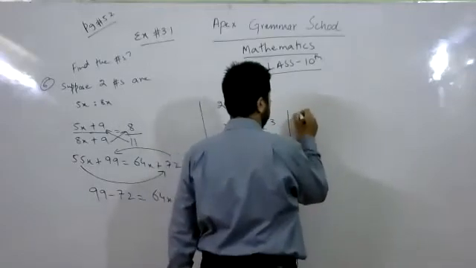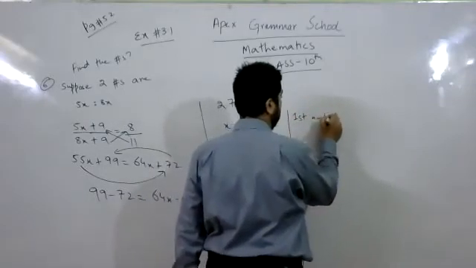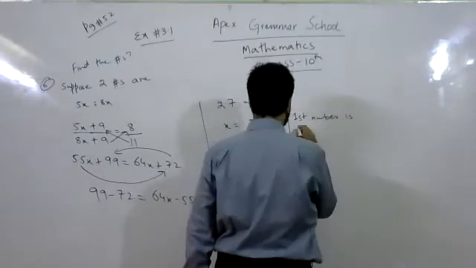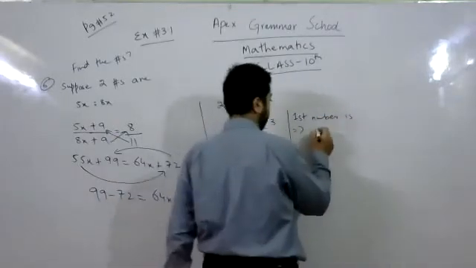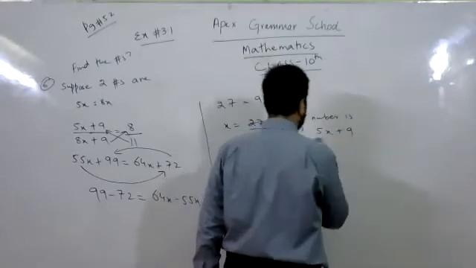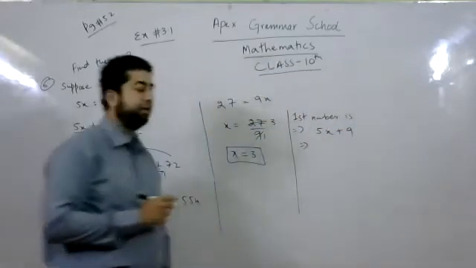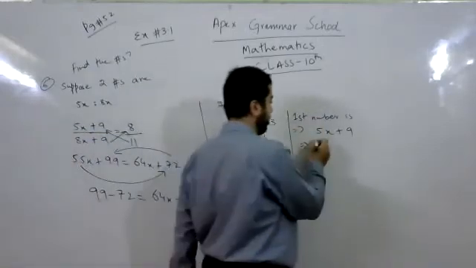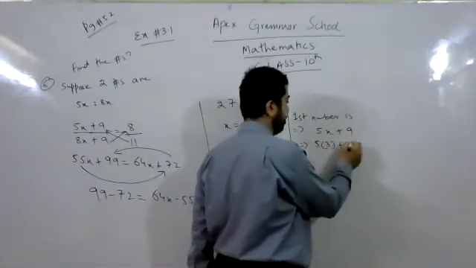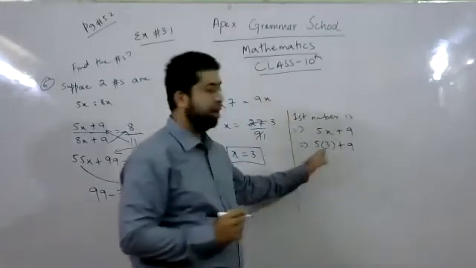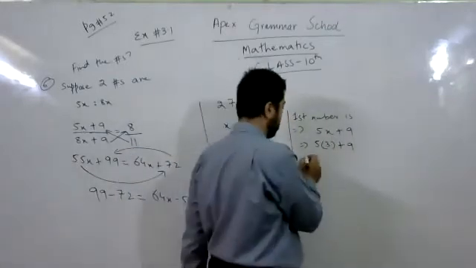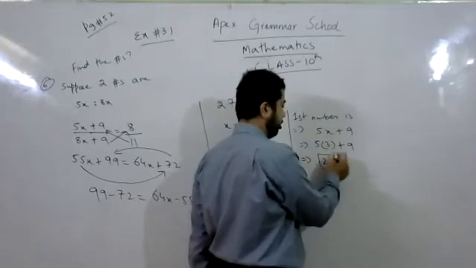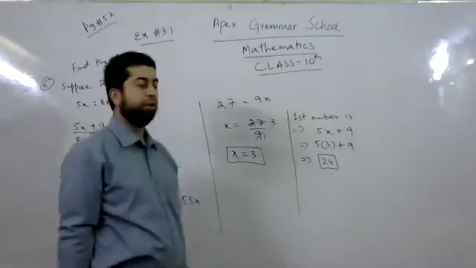The first number is 5x plus 9. You need to put the value of x there. That is 5 multiplied by 3 plus 9. 5 times 3 is 15, and 15 plus 9 is 24. So the first number is 24.